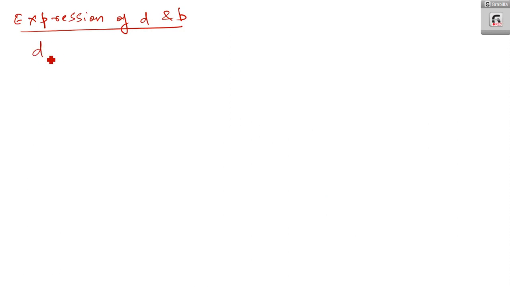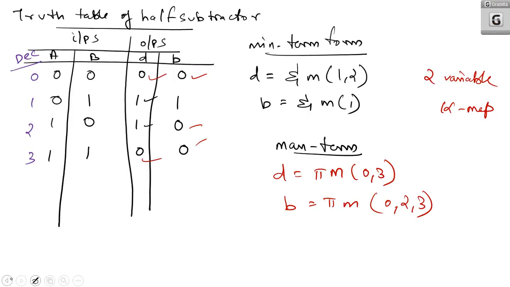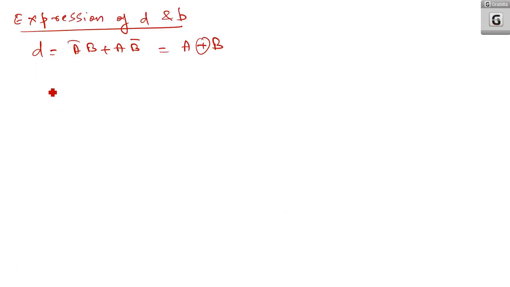That is again an XOR gate, that is A XOR B. Now coming to what is borrow. Borrow you will get as A bar B. So these two you can consider as in sum of product form.